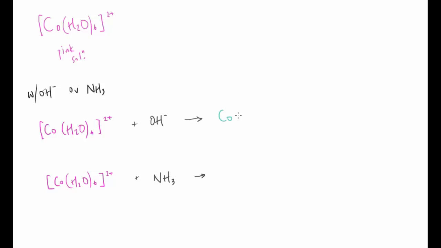This little chap here, Co(H2O)4(OH)2. Same thing again, Co(H2O)4(OH)2, and then over here we're going to have 2H2O and 2NH4+, which balances this out as such.